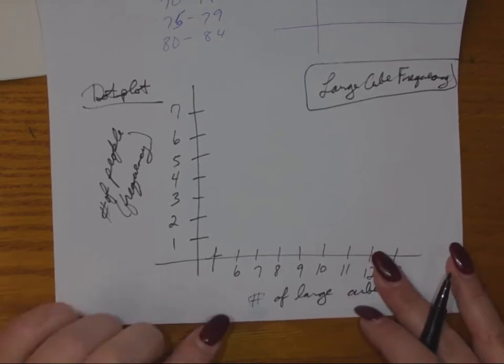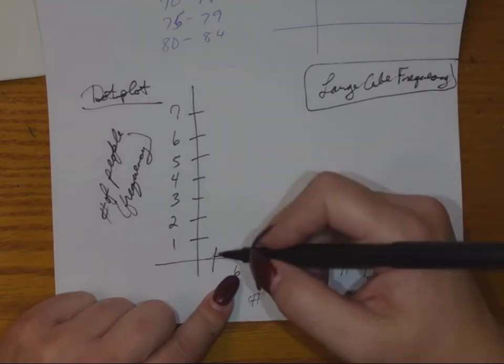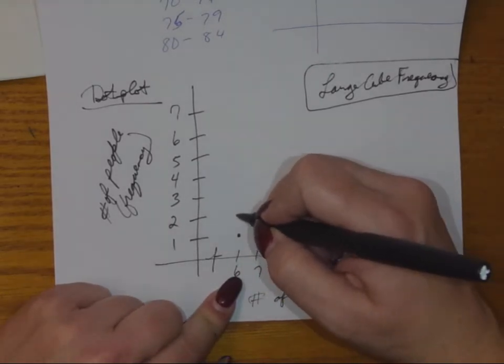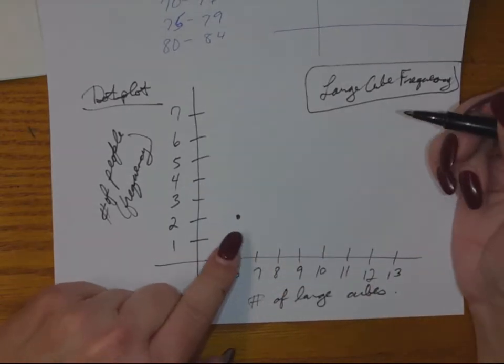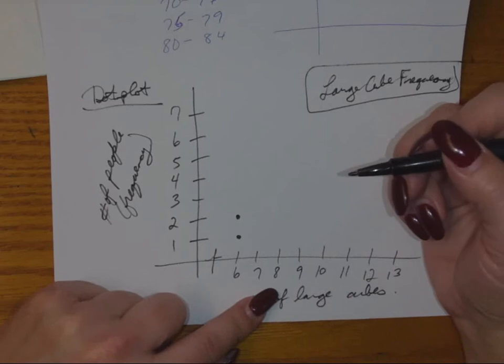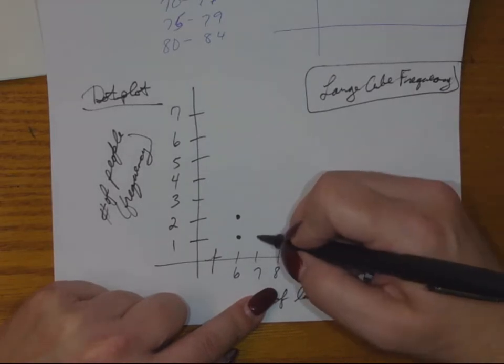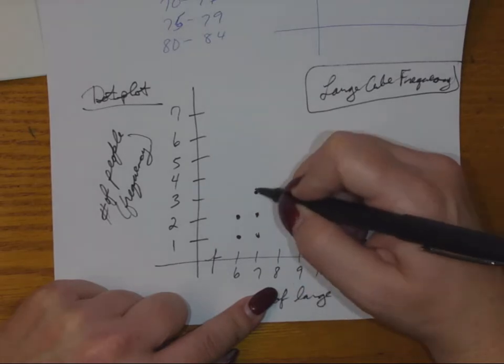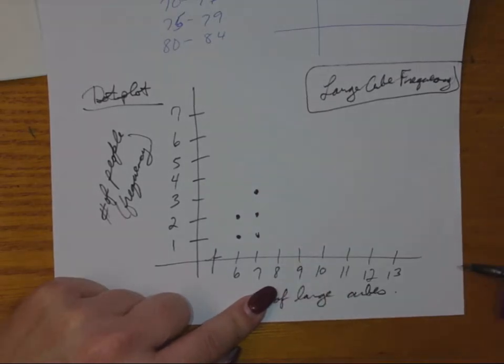So what we've got here is for the 6, we know that we had 2 people, but basically I want to represent both of them. So Susie gets a dot and Mary gets a dot. So everybody gets a dot. For the 7, we had 3. So instead of just coming up here to the 3 and putting a dot to represent the total height for that 7 cubes, I put one for each person.